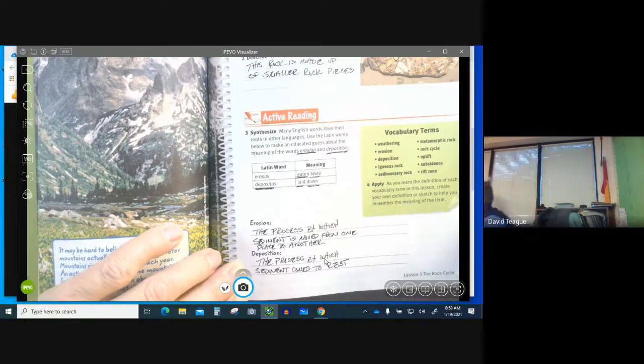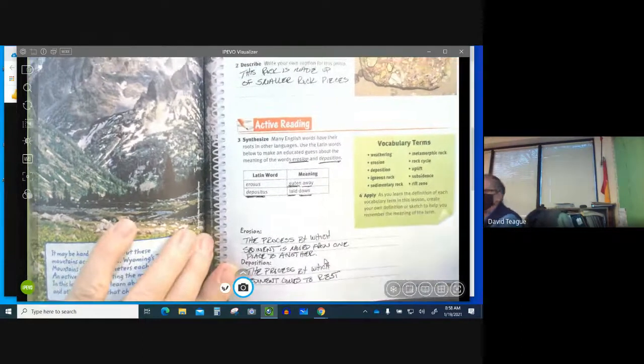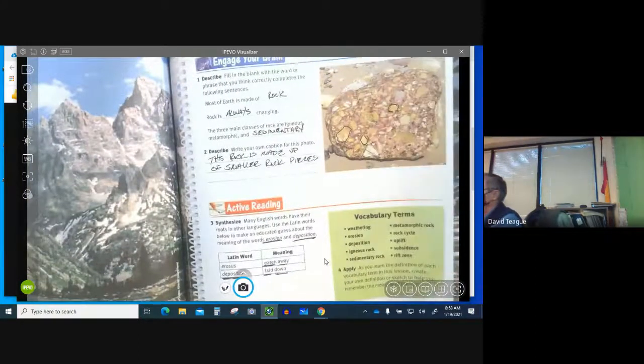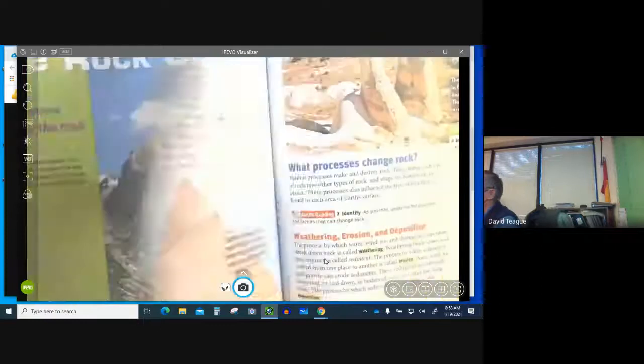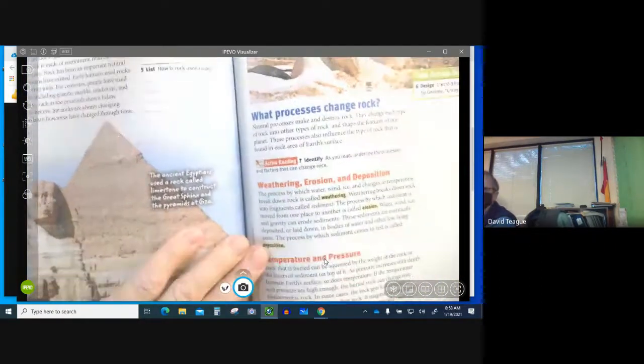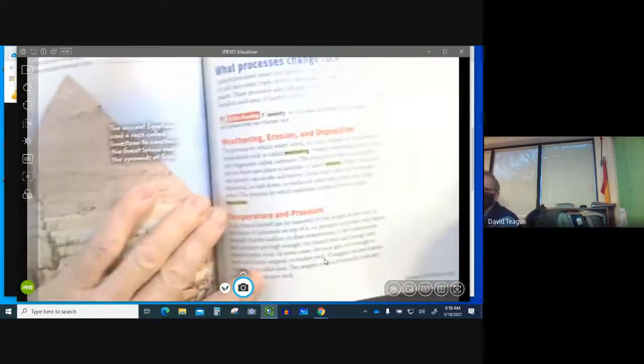Okay, now we have vocabulary words. Let's go see if we can find these vocabulary words in our book. So let's turn the page. Weathering. Let's see. Okay, so here's weathering on page 369.